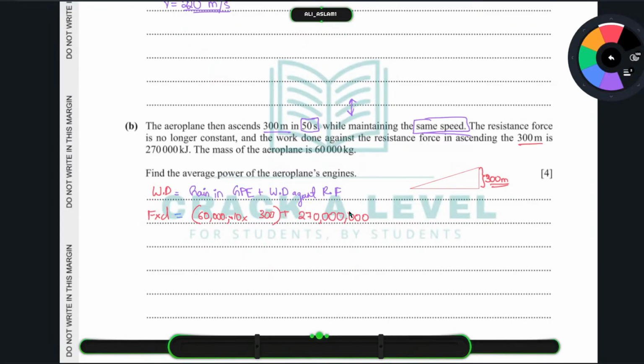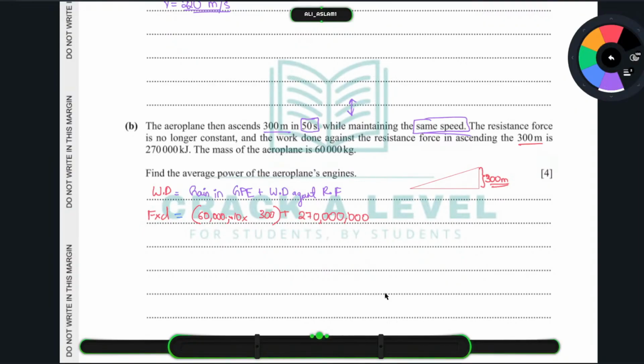So this becomes what exactly, 60,000 into 10 into 300.